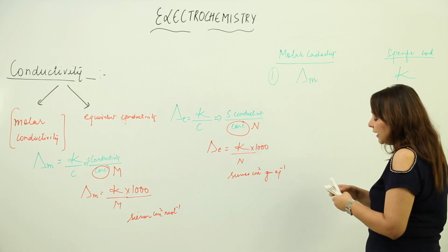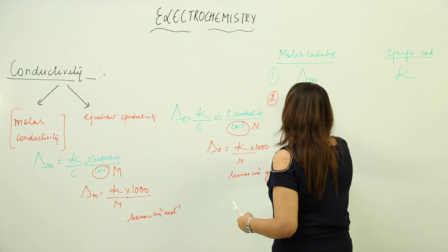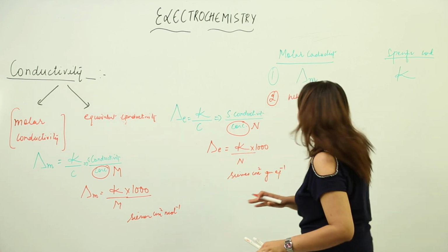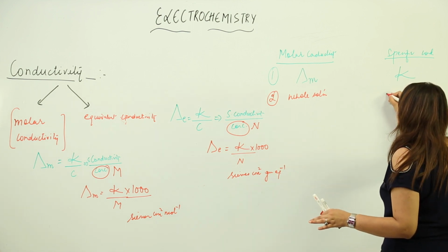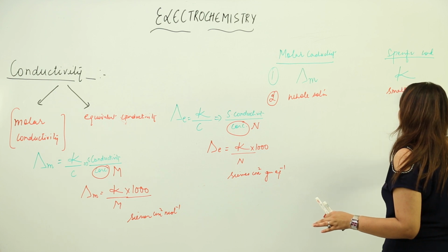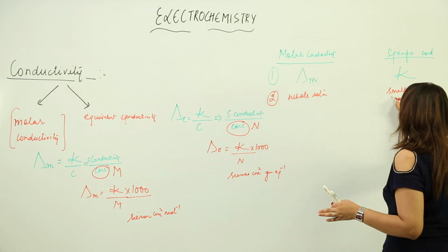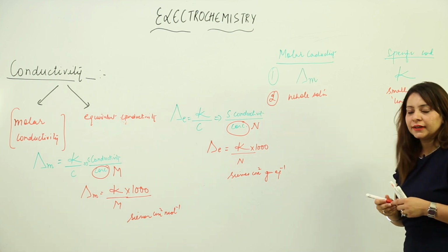The second difference is that molar conductivity gives us the conductivity of the whole solution, but kappa gives us the conductivity for a specified part, a small region. Therefore it is also called the unit factor.